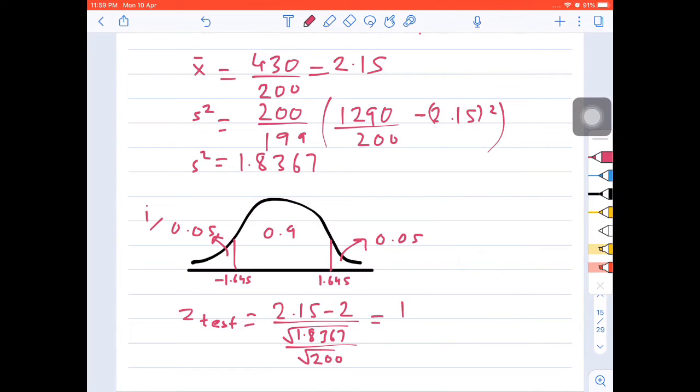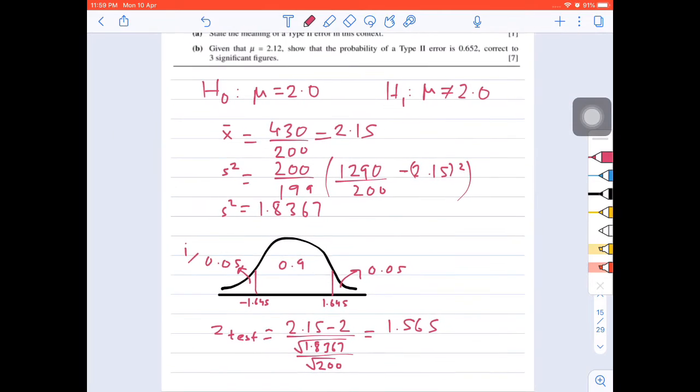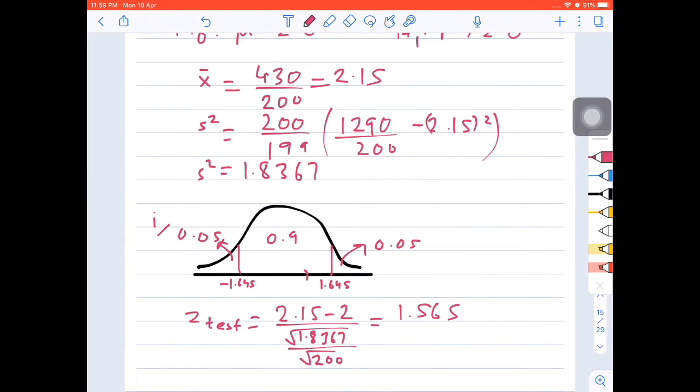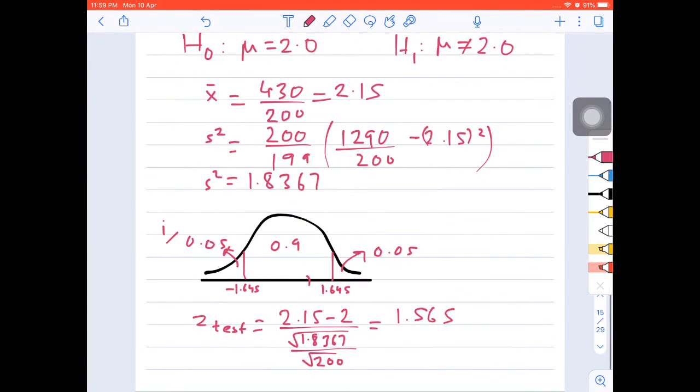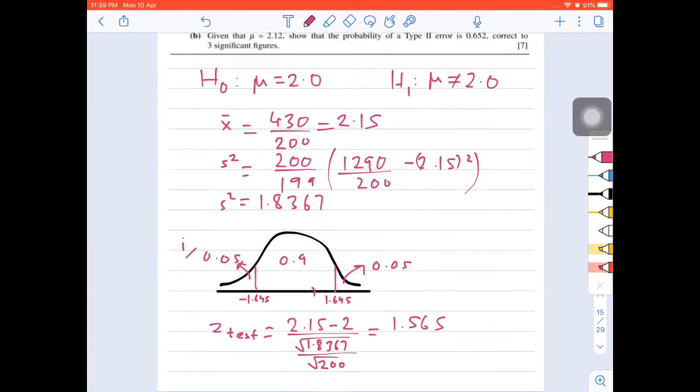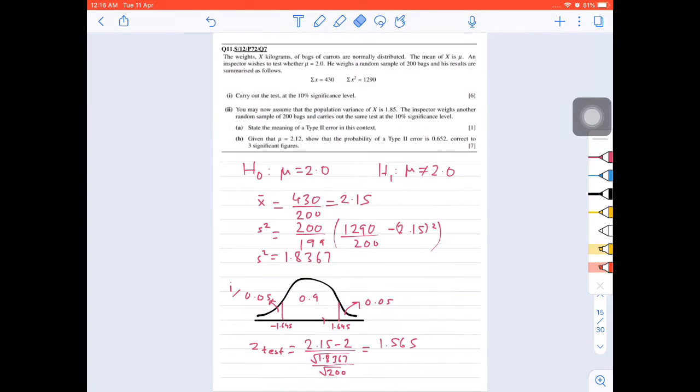That is equal to 1.565. 1.565 will lie somewhere over here in the acceptance region. So we'll be accepting H0. So there is insufficient evidence to say that mu is not equal to 2.0. We can say that, right? Because H0 is accepted.